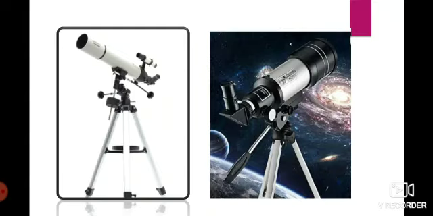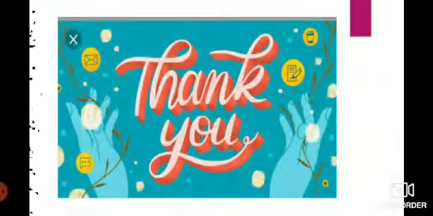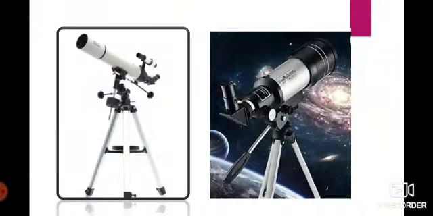Types of telescope: based on optical property, the telescope is classified into two groups, that is a refracting telescope and a reflecting telescope.